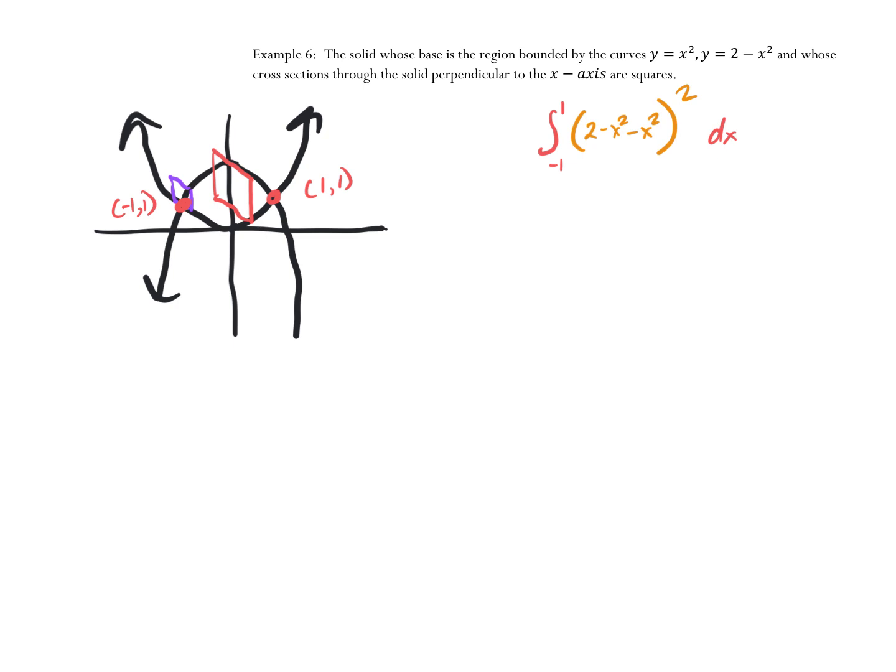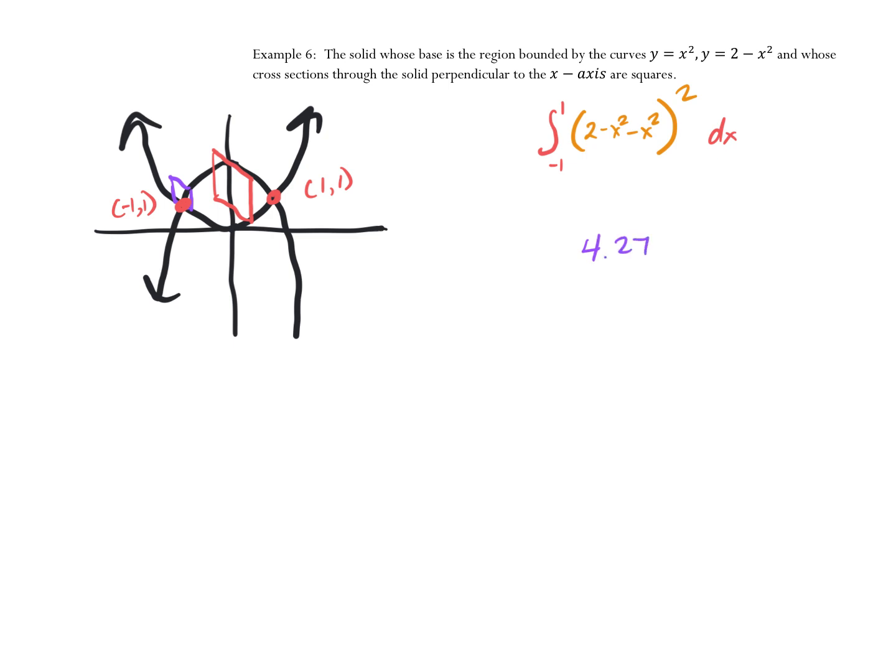But you see the picture now. Okay, and then I don't know what the answer is. I mean, I can figure it out. 4.27? Would it be cubed or squared?